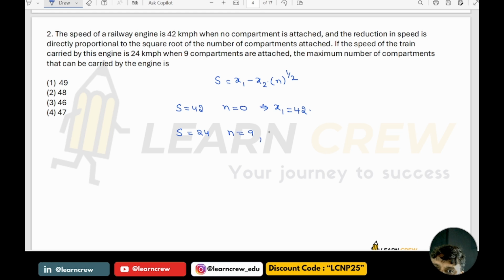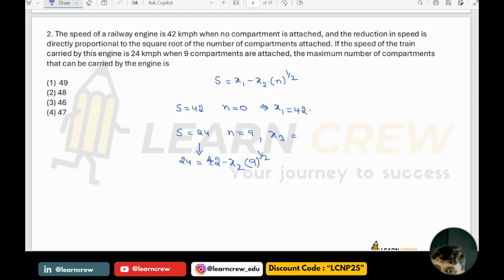So what would be x2? You are going to get x2 as 6. Because when S is 24, 24 is equal to x1, already 42 from the previous case, minus x2 into n, where n is 9, power 1 by 2.